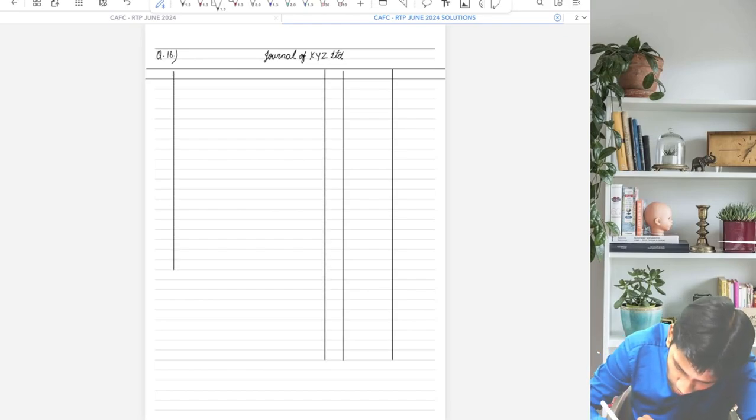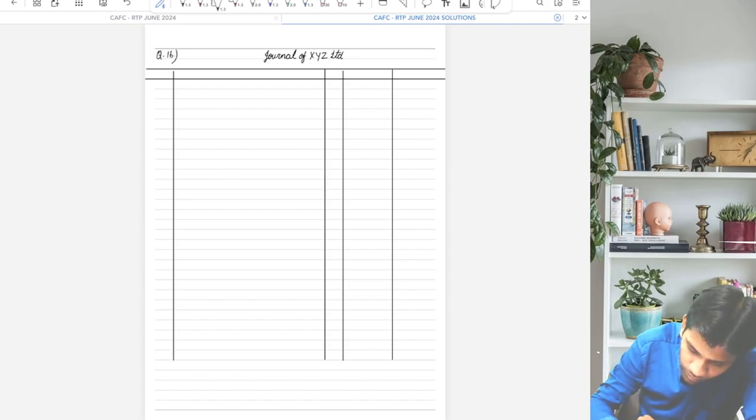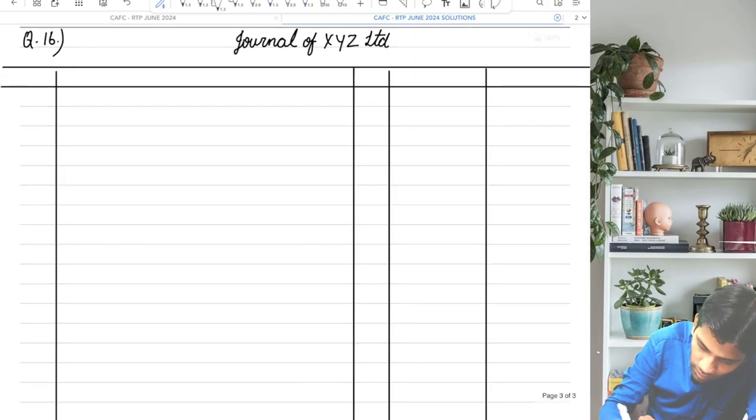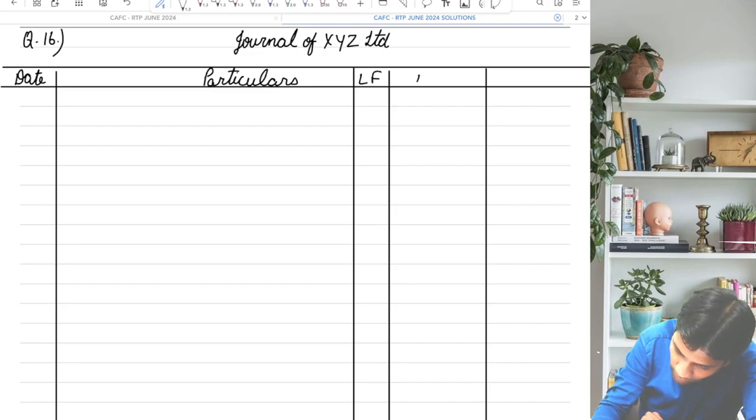We'll draw the date column because the dates are given in the problem. Format is ready. Let's solve this sum. Date, we have particulars, we have LF, we have debit rupees, we have credit rupees.